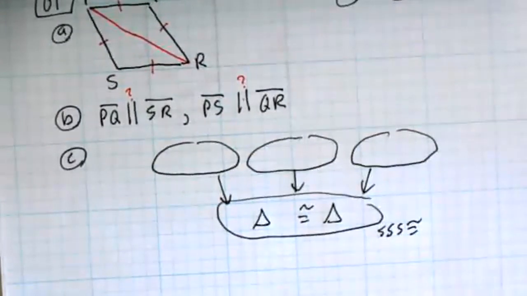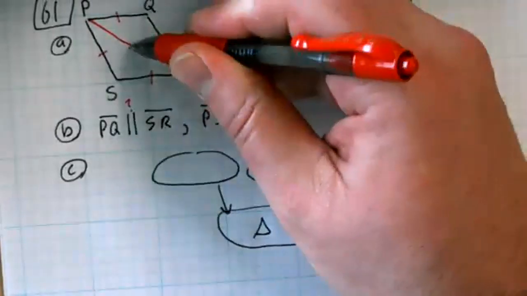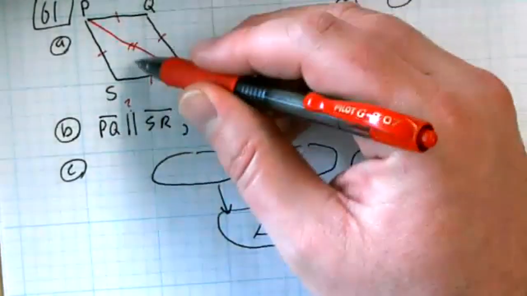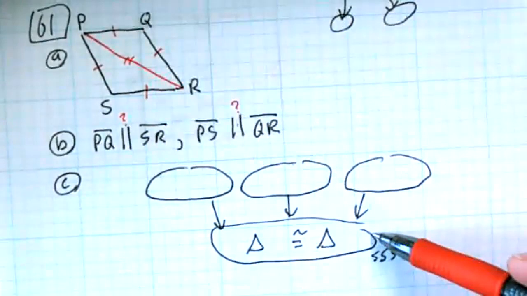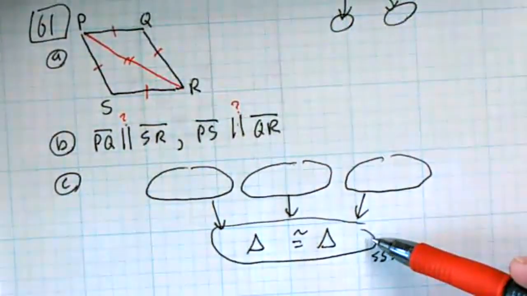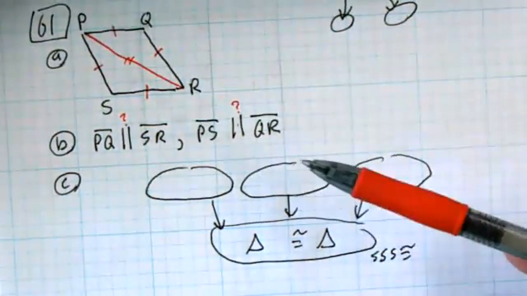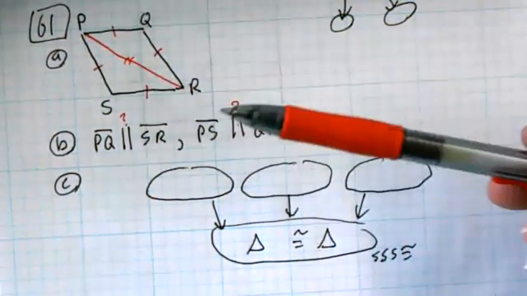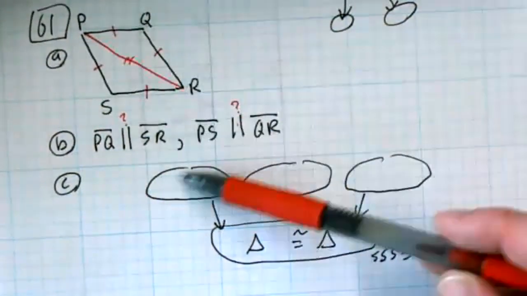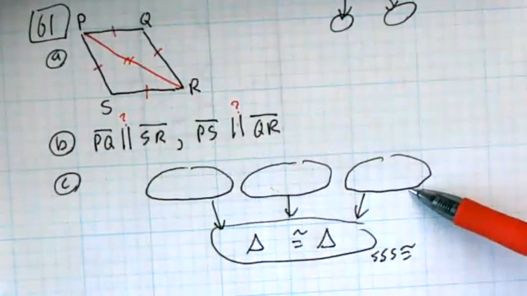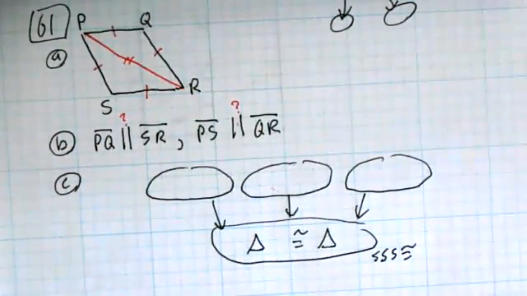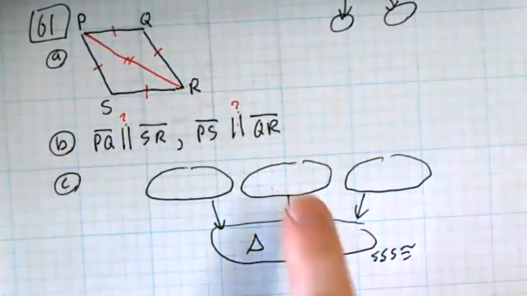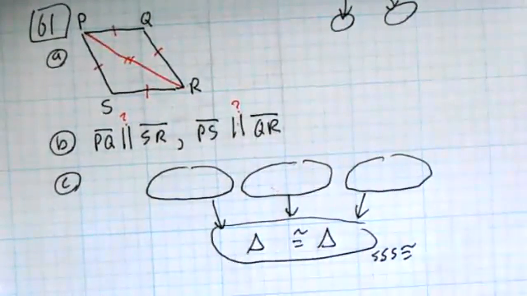The big idea is, once I have proven that these two triangles are congruent, which we did here, then I can start saying stuff about the other parts of these triangles. These triangles, we already knew about all three sides. Those ended up in our evidence bubbles. However, there are some angles that were not marked in this that once I've gotten to this step in my proof, I can start marking.